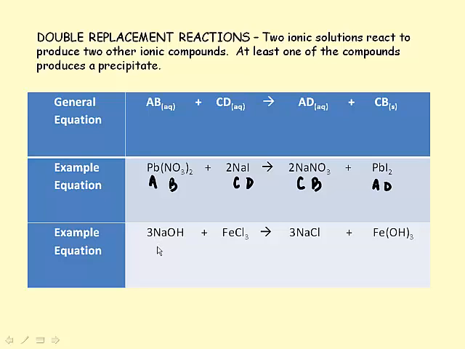Look at the next one. Think of Na as A and OH as B. Think of Fe as C and Cl as D. We end up with AD and CB. So they've recombined. Double replacement reaction.